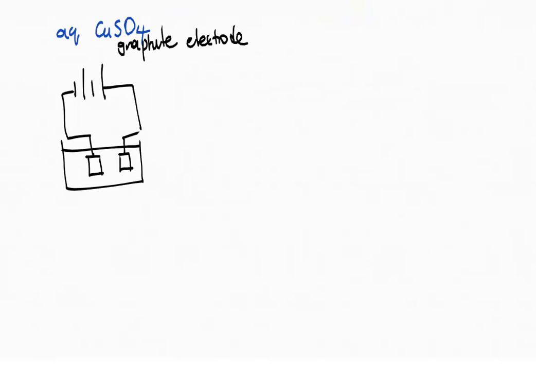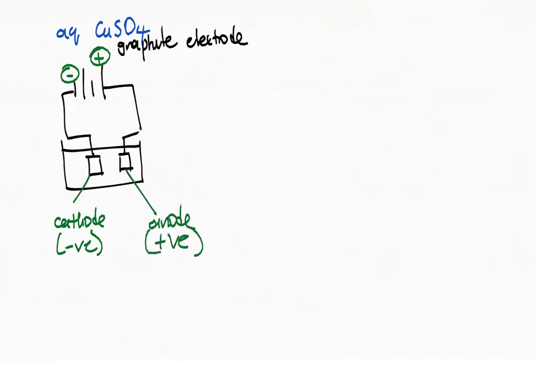So we have aqueous copper sulfate, negative, positive. This is my cathode, which is the negative terminal. My anode is of course connected to the positive terminal. I'm sure you learned that. And this is my aqueous copper sulfate.